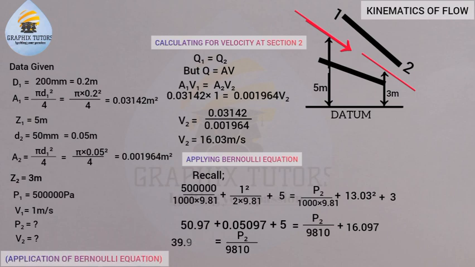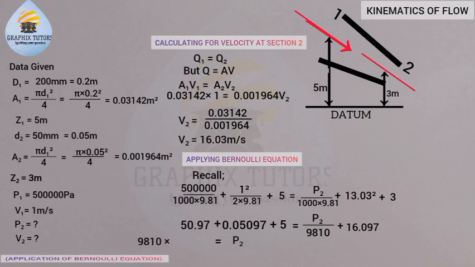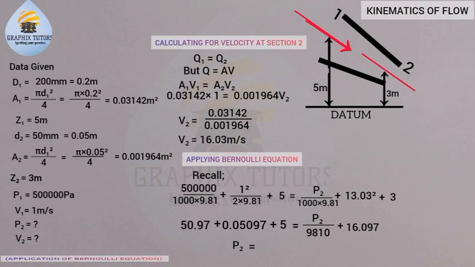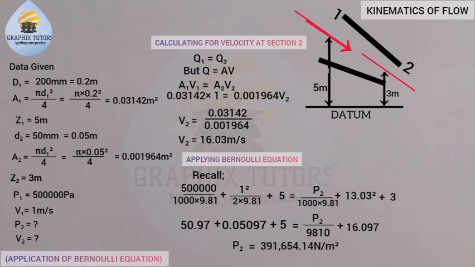Now, if I cross multiply, my P2 will be 9810 multiplied by 39.924. And that will give us P2 equals 391,654.14. That will be in Newton per meter square, right?